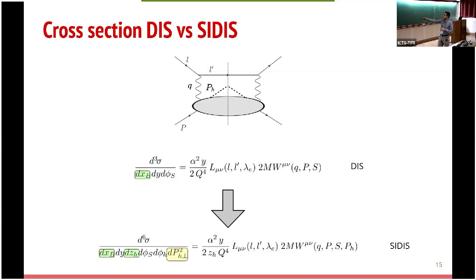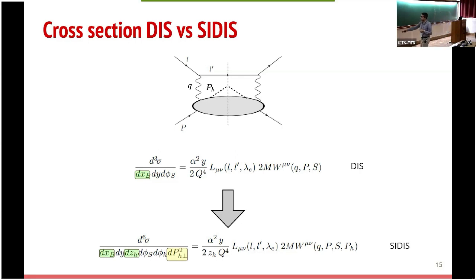So we move from DIS to semi-inclusive DIS. You see it's more or less the same if you look at the right-hand side, but it's actually pretty different because you have a dependence on pH in the hadronic tensor. This dependence on pH means that you can measure either the collinear part of this momentum and the transverse momentum if you want. So this reflects into the cross-section.